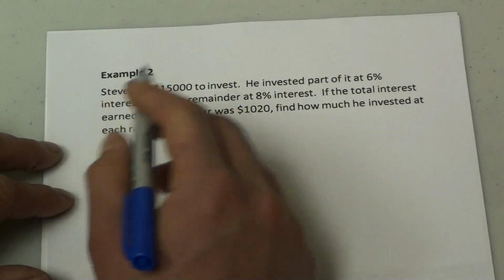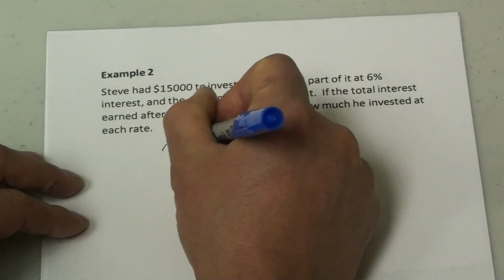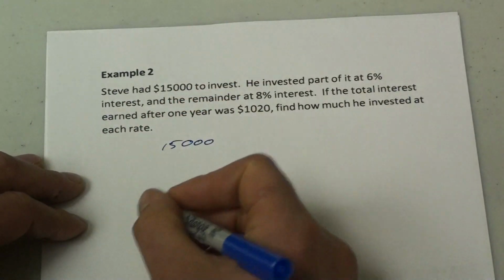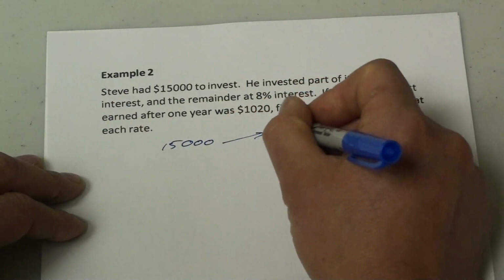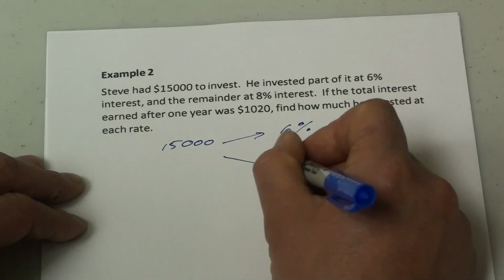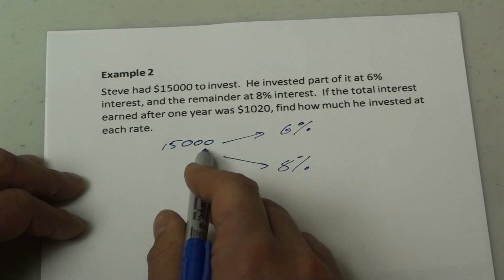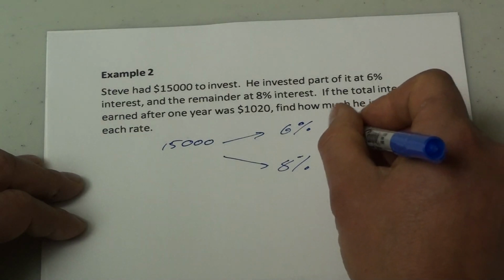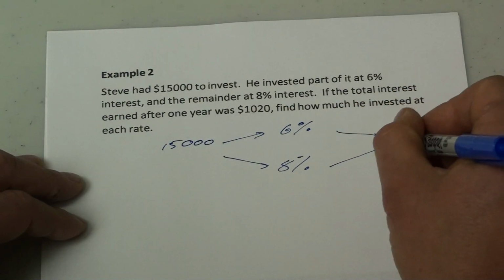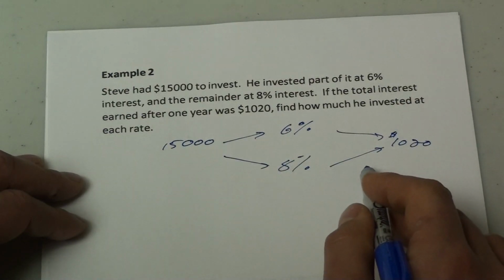So he had $15,000, and he's going to split that into part going to 6% and part going to 8%. The total of those two parts will be $15,000.